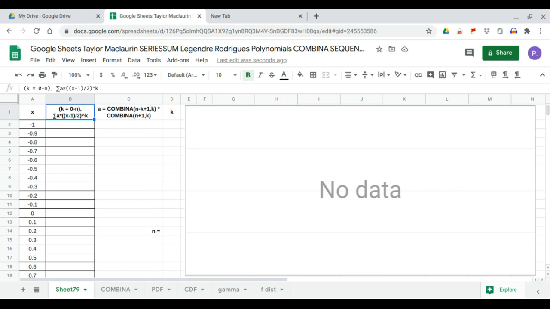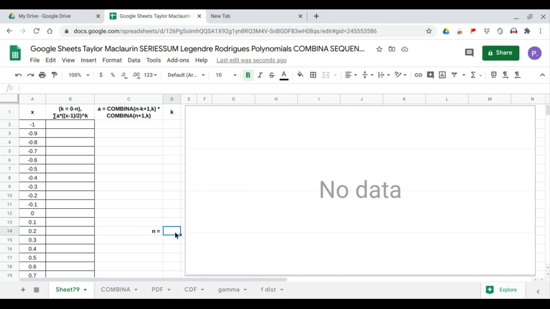equation of the Legendre formula, which is equal to the summation of a times (x minus 1) over 2 to the power k, where the value of k starts from 0 to n.